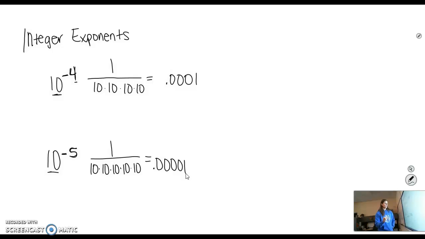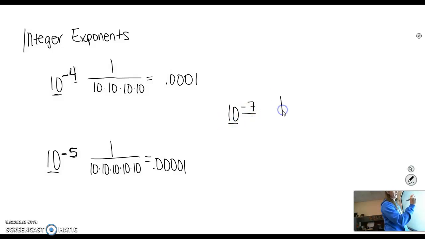Okay, let's look at 10 to the negative 7. Pause it, solve it yourself, and then click play to see if you got the right answer. Great, let's check your work. So we have a negative 7 exponent and a base of 10.